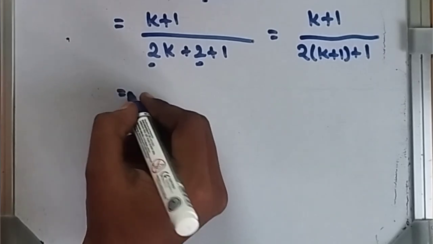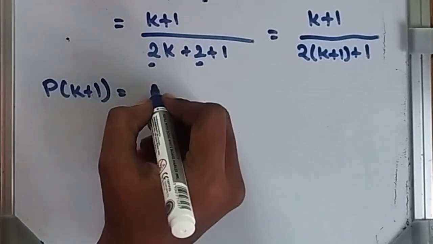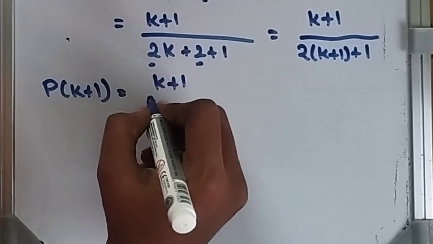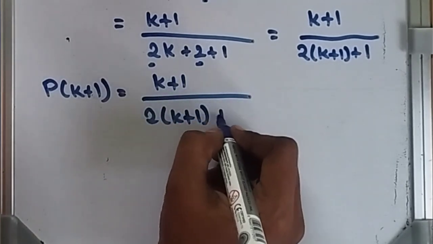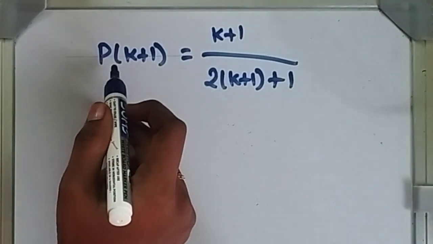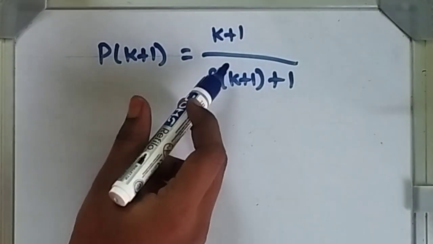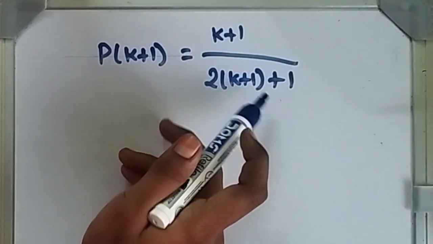So it will become p of k plus 1 equals k plus 1 divided by 2 of k plus 1 plus 1. Clear? Clear. So what we have now is p of k plus 1 equals k plus 1 divided by 2 multiplied by k plus 1 plus 1.